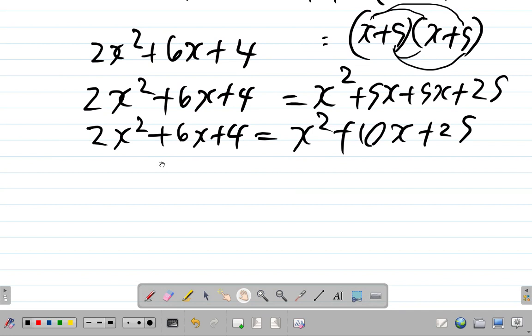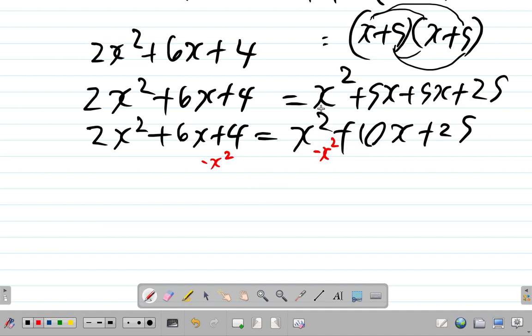So now, you're going to minus all of those things over here. You're going to subtract them from both sides, because on the right hand side you want 0 equals 0. So the x squared, you're going to minus x squared on the right, and minus x squared on the left too.